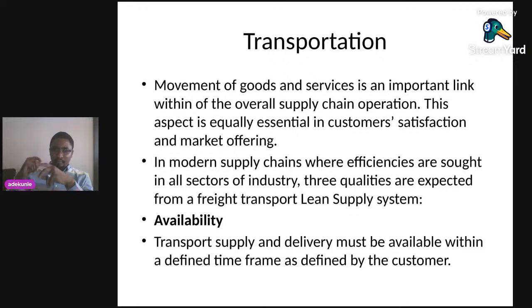A modern supply chain, for it to be efficient, will need to depend on the effectiveness of transport. There are three qualities expected from freight transport to increase the efficiency of the supply chain. One of them is availability of a transport system, that the transport supply and delivery must be available within a defined time where the customer wants it.